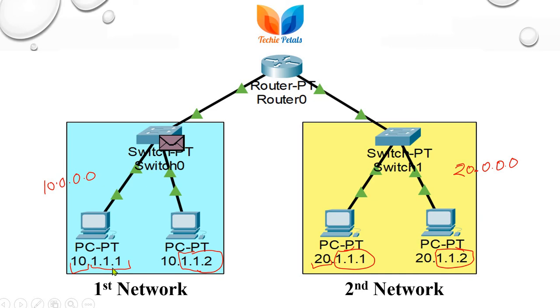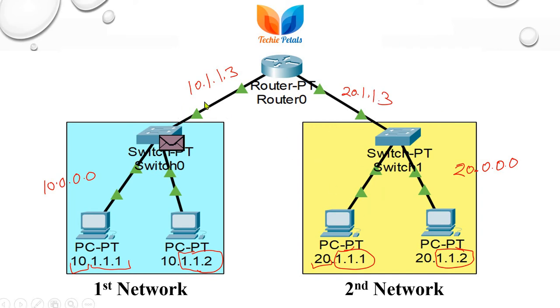Here we have taken 1.1.1 and .2 for the hosts, so the gateway can be any other address with network ID 10. So I am taking 10.1.1.3 as the gateway address of this network and 20.1.1.3 as the gateway address of this particular network.